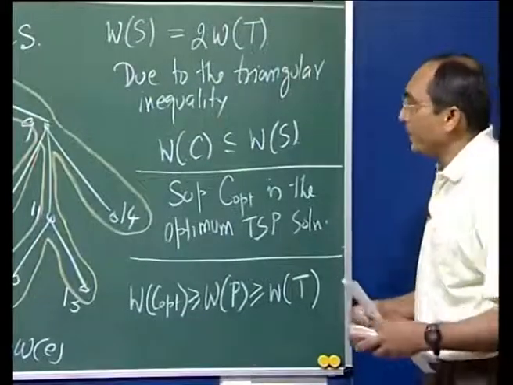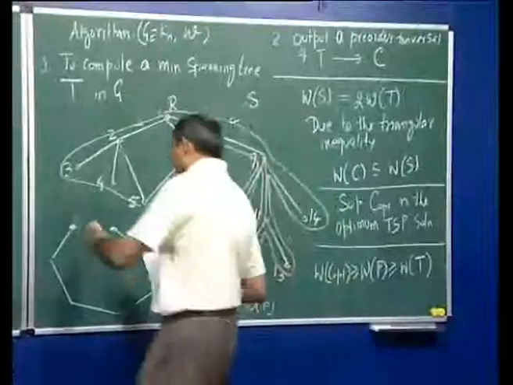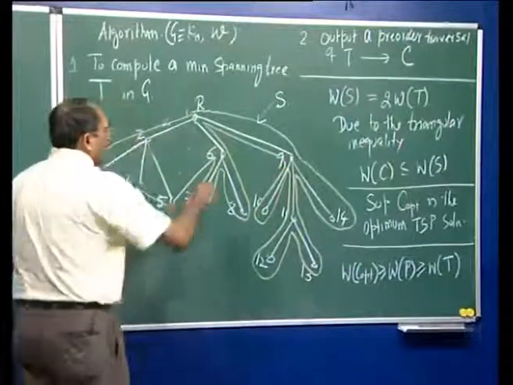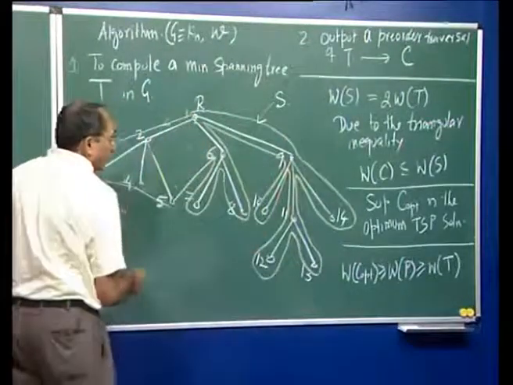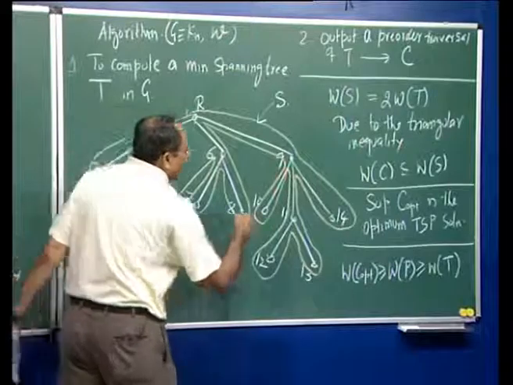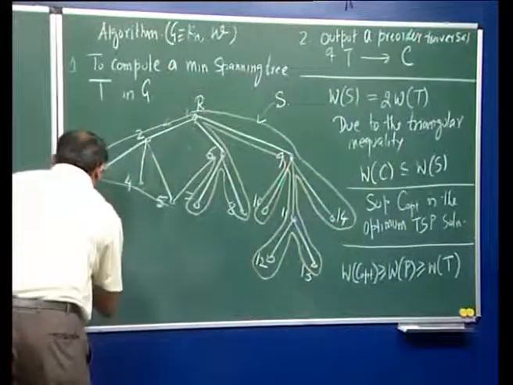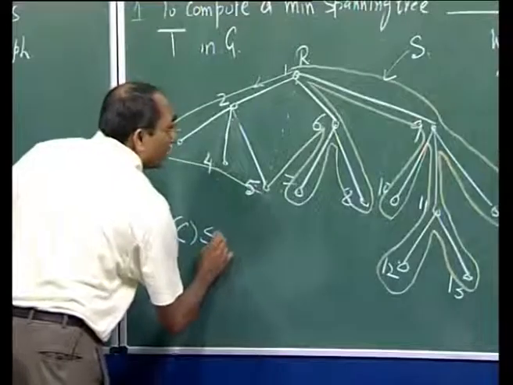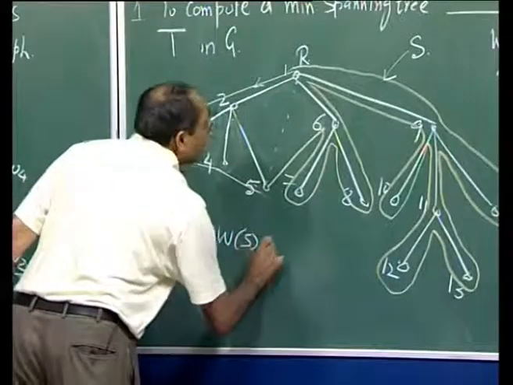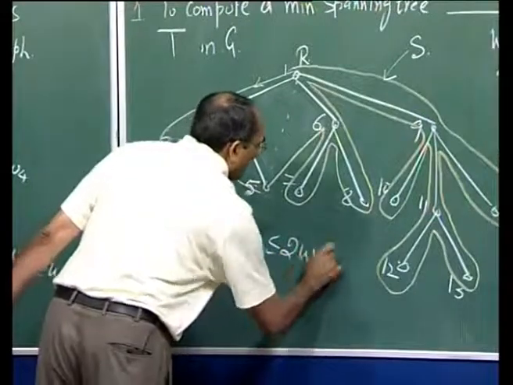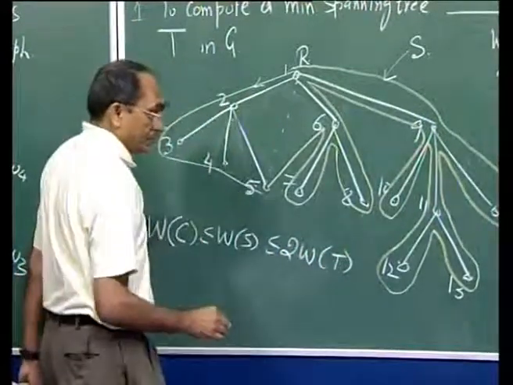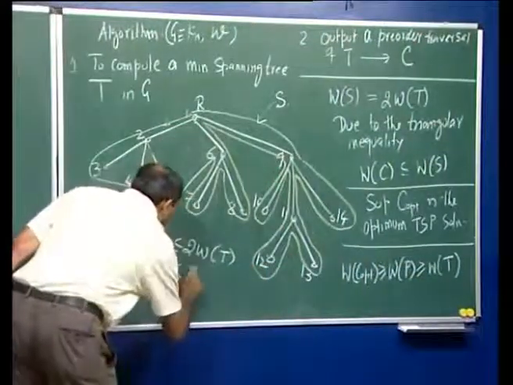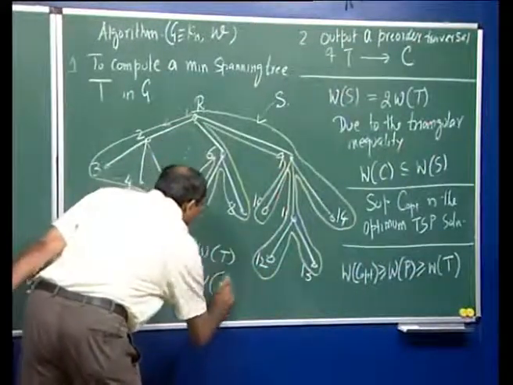We are done. All we have to do is put the whole thing together. So, let's do that. The whole thing now comes out to be WC, the weight of the cycle computed, is less than equal to WS, which is less than equal to 2 of WT, which is less than equal to W opt, so which is 2 W C opt.